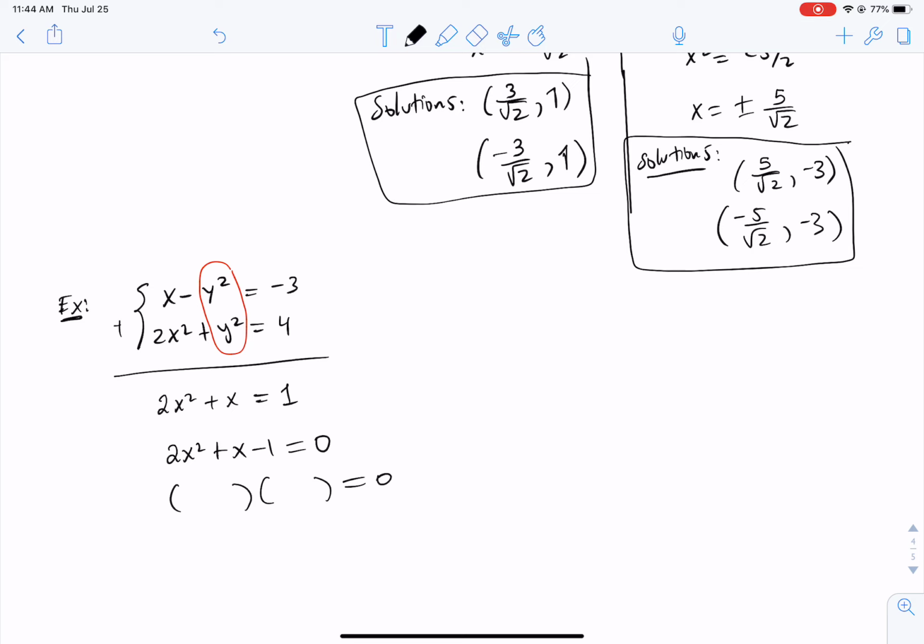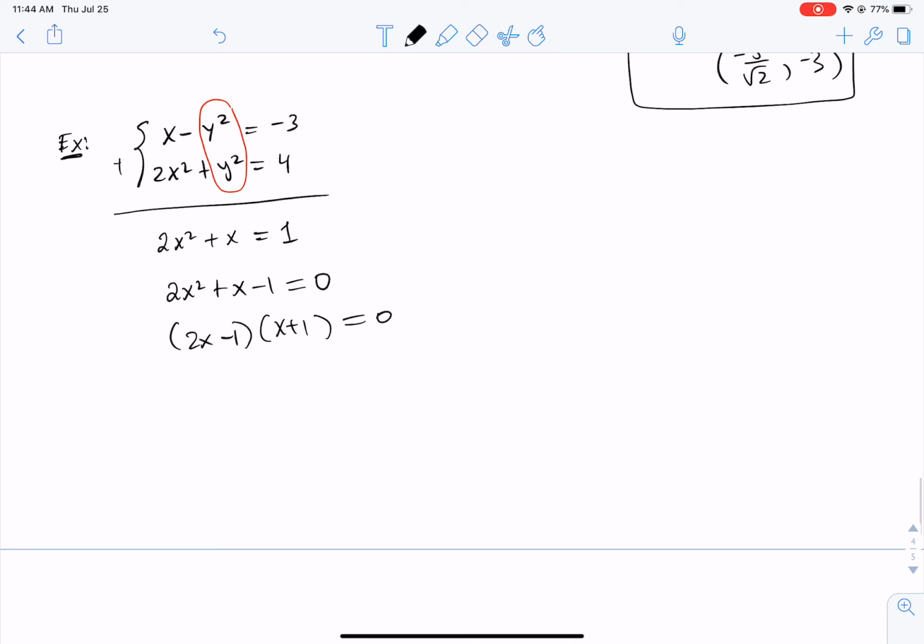So what will this be? 2x and x, right? Will x plus 1 work? And a -1? That should work, right? So what are the values for x? x could be equal to 1/2, or x could be equal to -1.